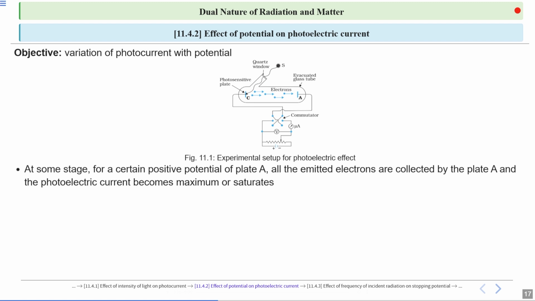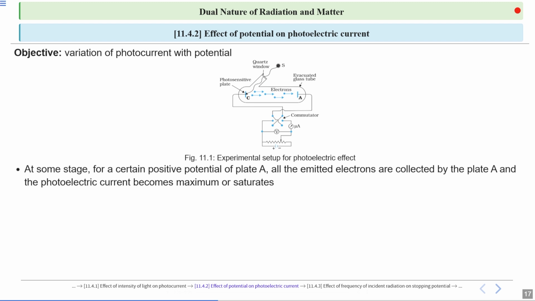At a certain point, every electron that is emitted from plate C is collected by plate A, and the current reaches its maximum value. This is called saturation current.